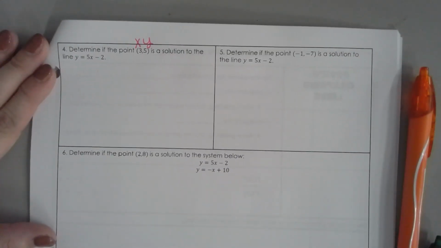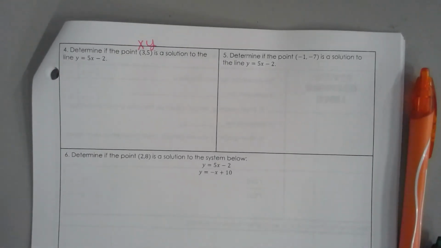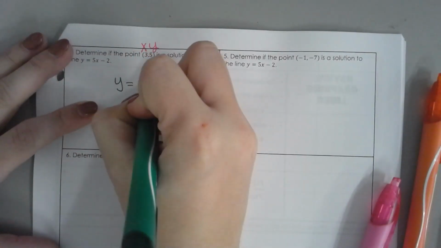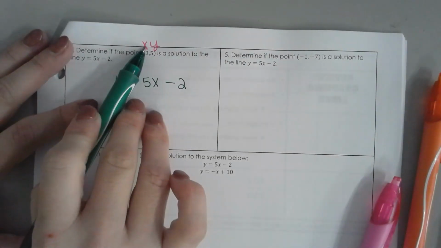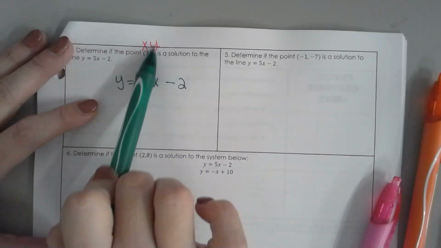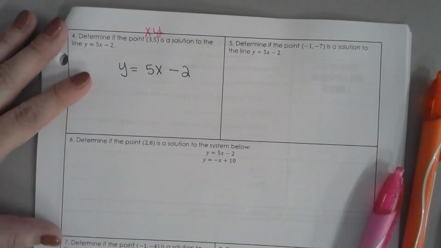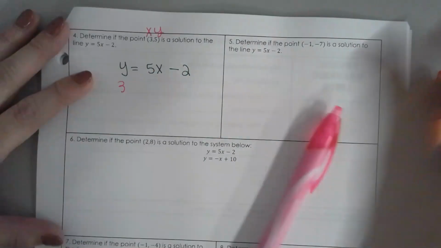Okay. So I'm going to see if the point 3, 5 falls on this equation. Y equals 5x minus 2. So I'm going to plug in a 3 for x. I'm going to plug in a 5 for y and see if it's true. Oops, I messed up.